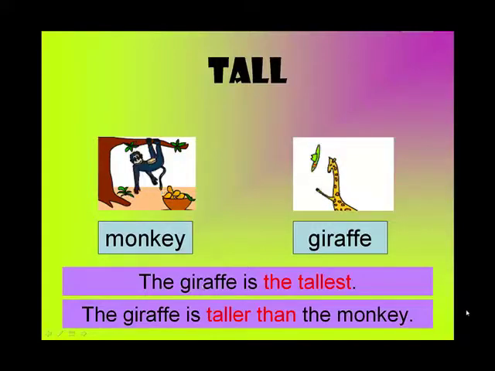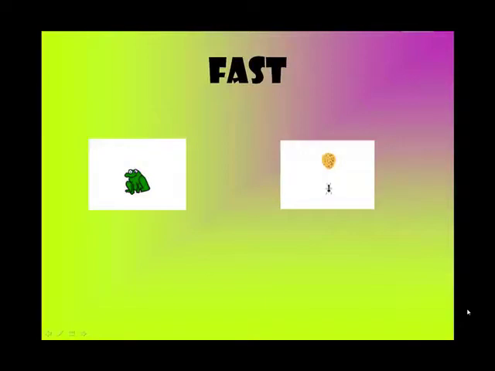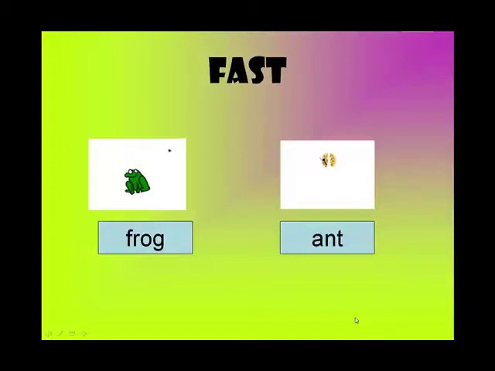Okay, let's move on to another pair of animals. This one's going to be a frog. This one's an ant. And let's compare them, okay? Using fast. Obviously, the frog is faster.